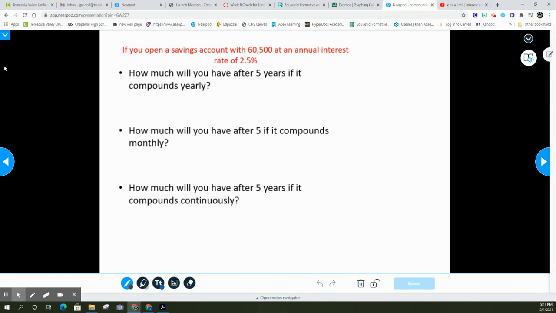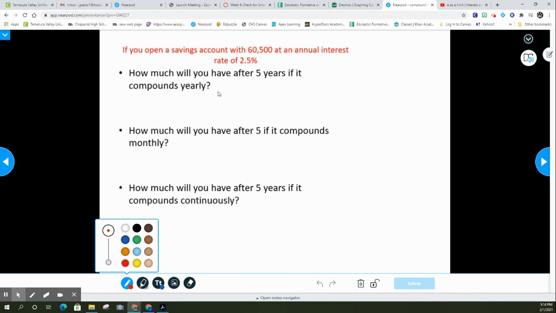All right, so here's an exit ticket. 60,500 at a rate of 2.5%. We're going to do it for 5 years, and each one is compounded differently. All we're going to do here is set this up, and you can type into your calculators.